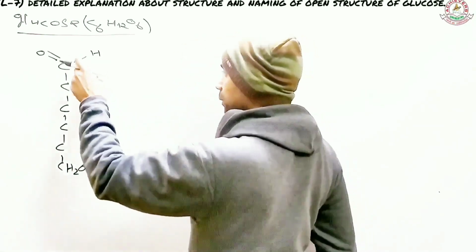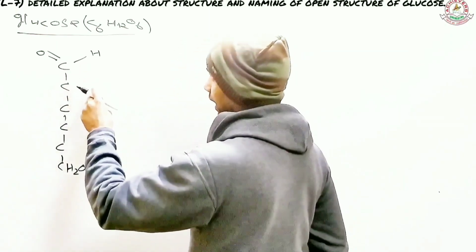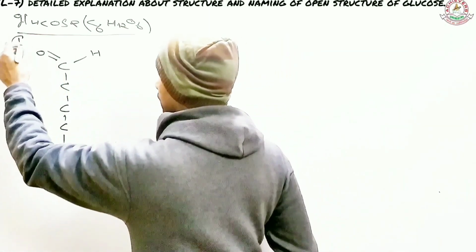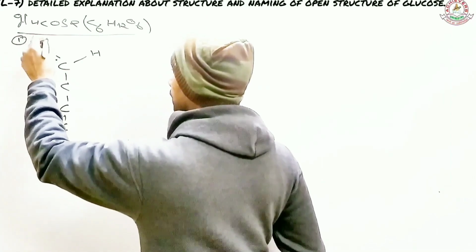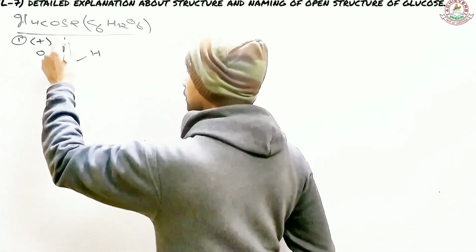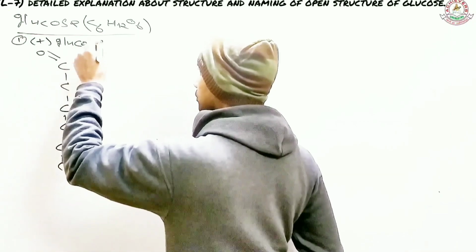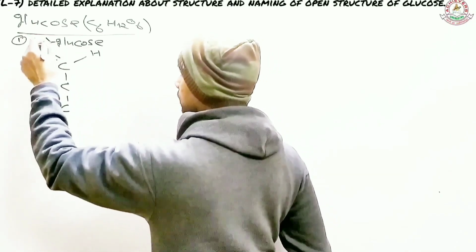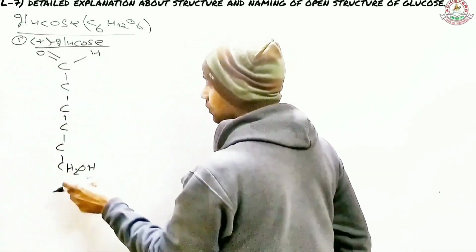Now, the very important thing about this particular structure is that if you are drawing dextrorotatory glucose, this is the structure.